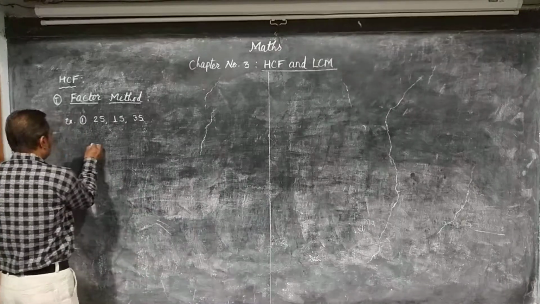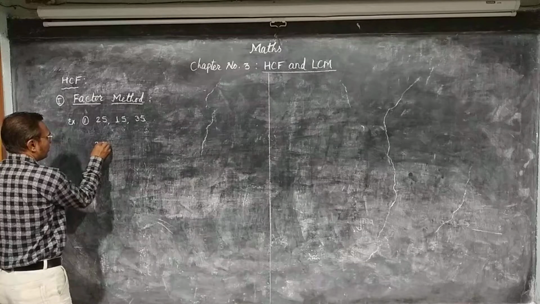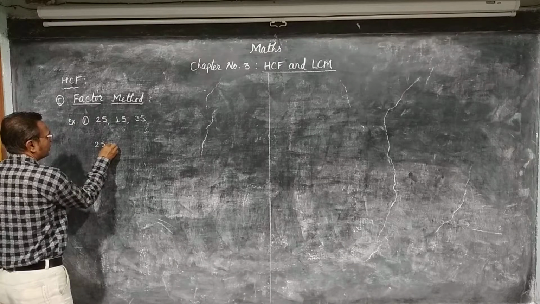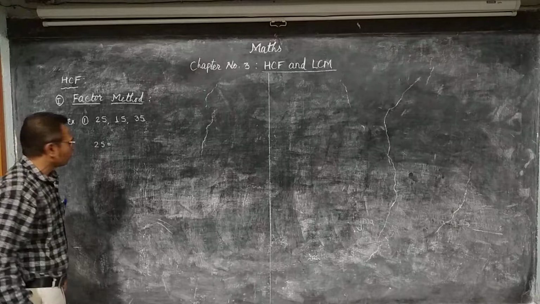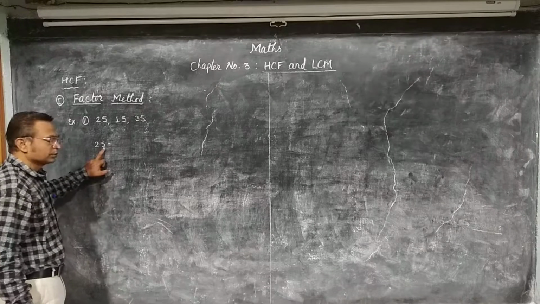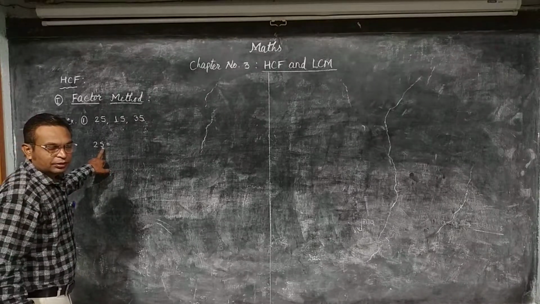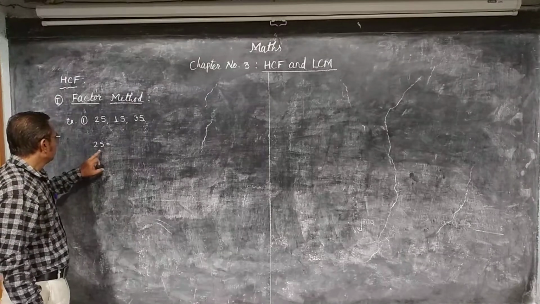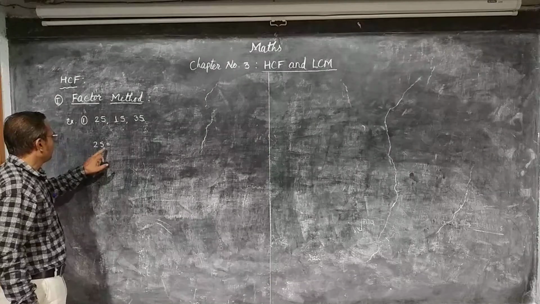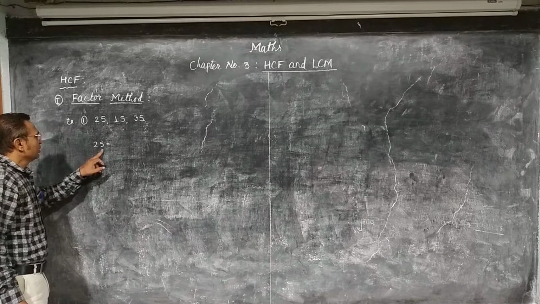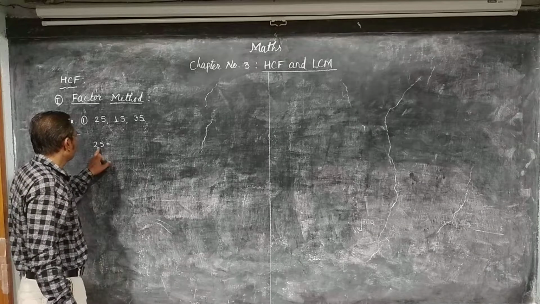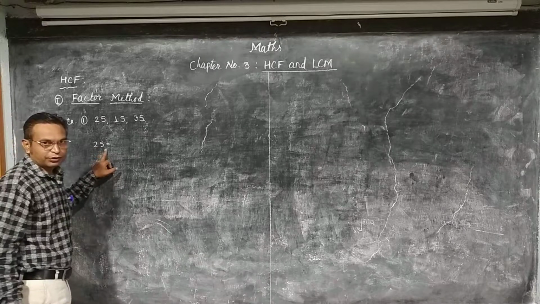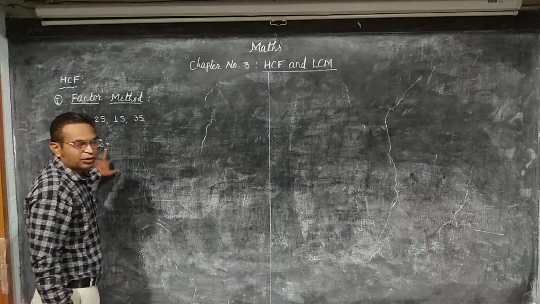25. The smallest prime number is 2, but here we can't apply the test of divisibility by 2. After 2, 3 is a prime number, but when we add the digits, 2 plus 5 is 7, which is not a multiple of 3.